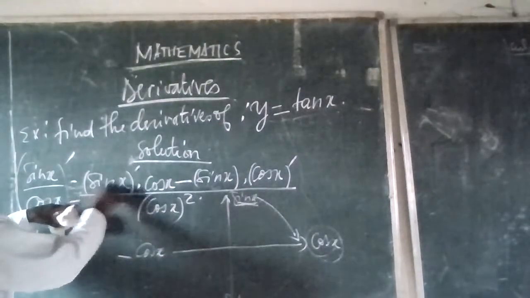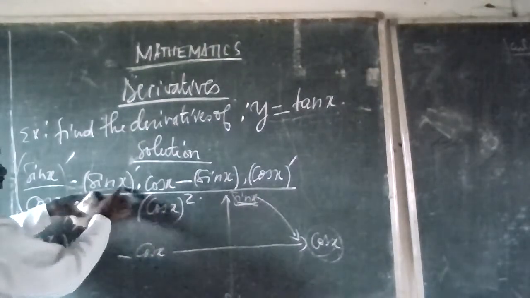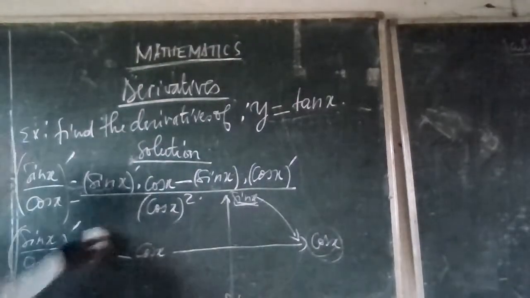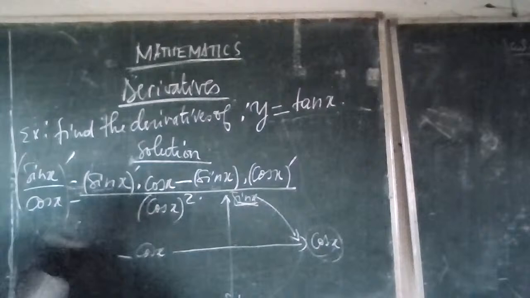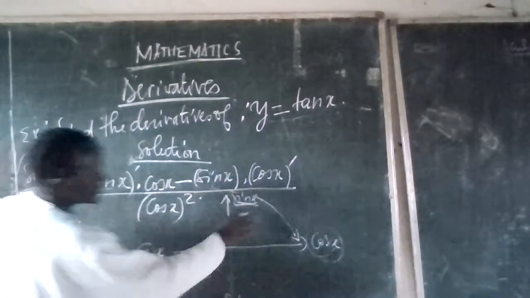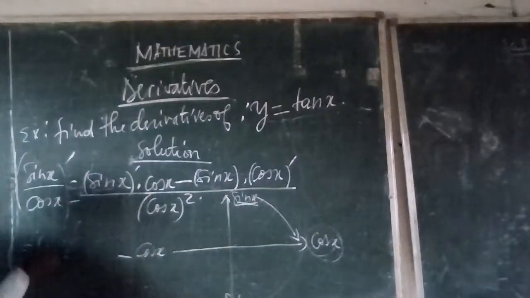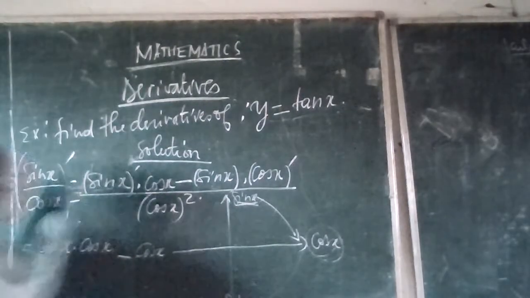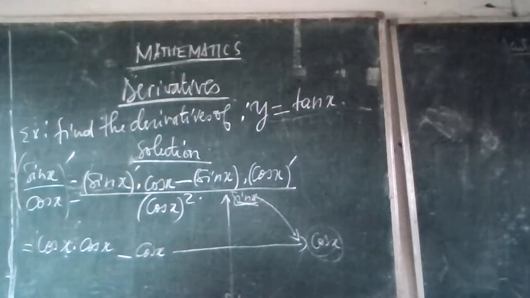Where we have the derivative of this sine, it will be cosine. Then after, we shall have, this is sine, its derivative is cosine. Cosine x times cosine x. Are we together here?